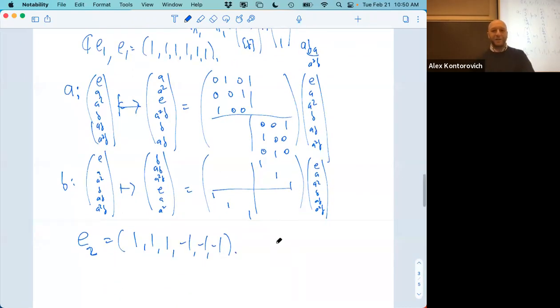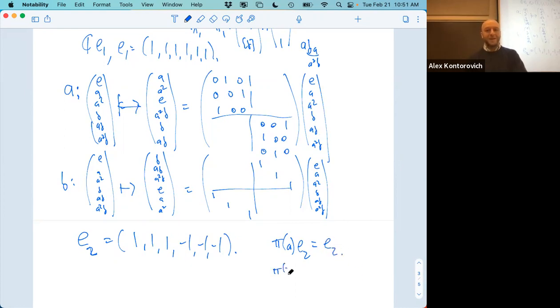And so what does pi A do to E2? I'm going to take the E, A, and A squared, and I'm going to permute them. And I'm going to take the B, AB, A squared B and permute them. What does it do to E2? Leaves it alone. It's E2.